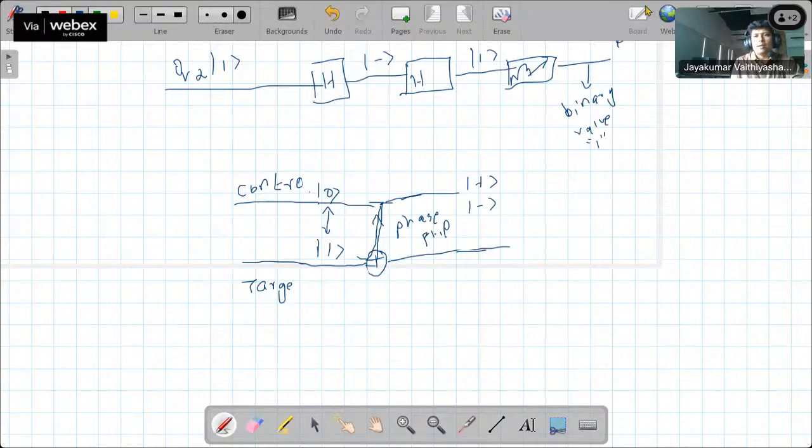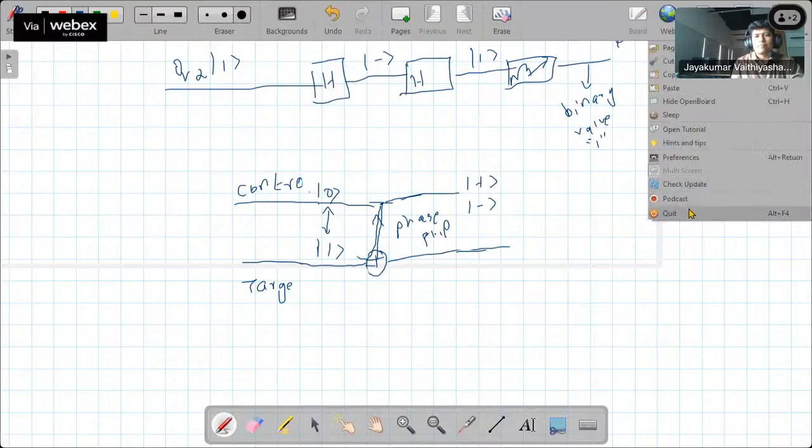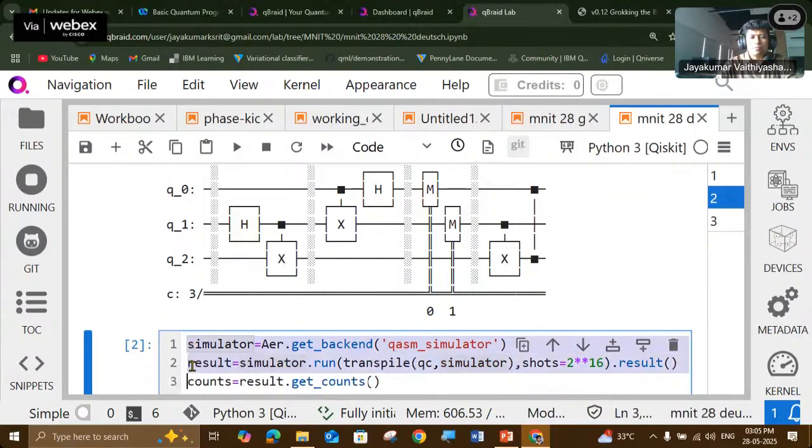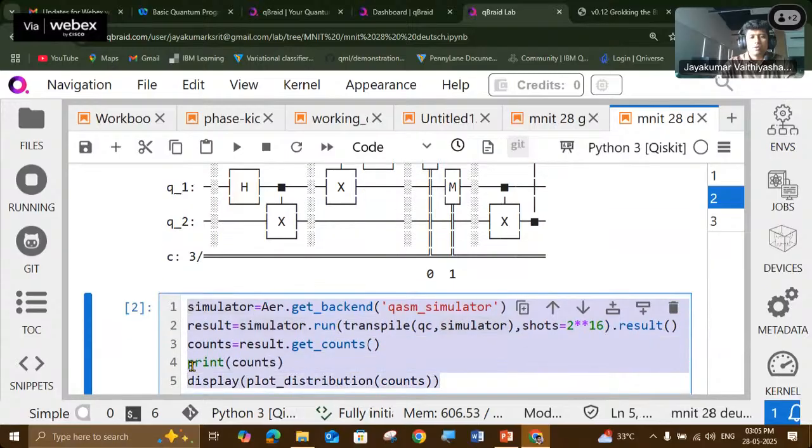Are you able to get the idea now? So that is why we are declaring different inputs. So next what you do, you try to measure the outcomes.